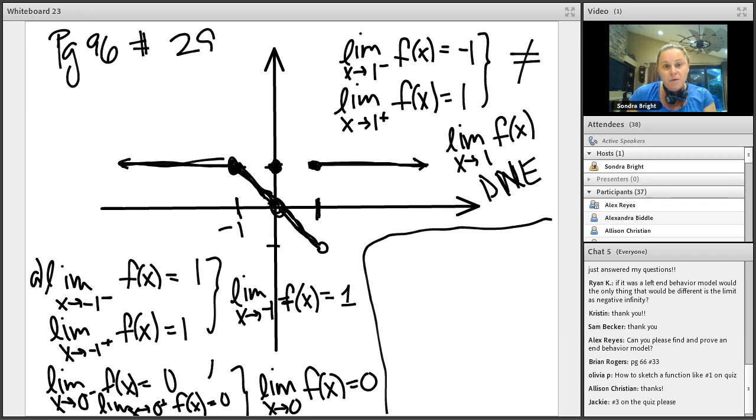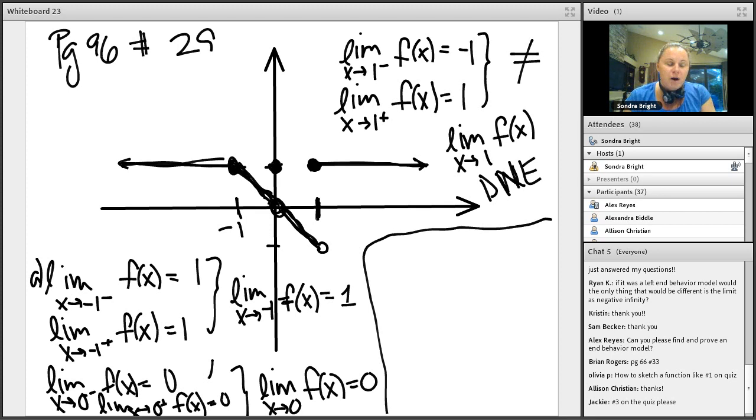It was equal to 0. At x equals 1, though, we said the limit did not exist, because the left-hand and right-hand limits didn't match. So right away, it fails part 2 of the definition of continuity, and it's not continuous at x equals 1 because the limit does not exist there.